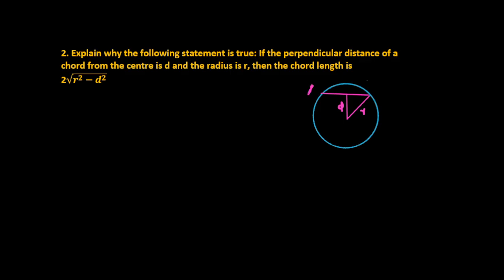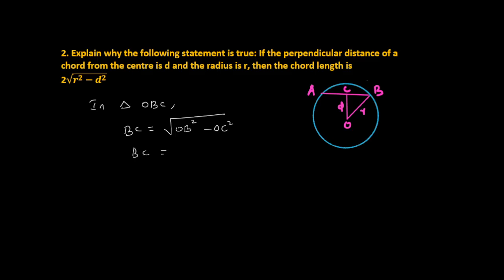If we take AB as the chord, O as the center, and C the foot of the perpendicular, then in triangle OBC, we know BC is the square root of OB squared minus OC squared.